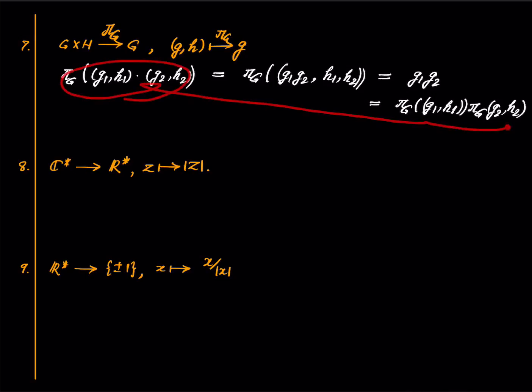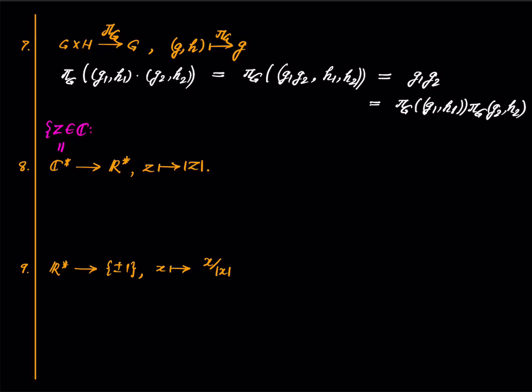If we look at this equation, we see. Okay. Next one is also very nice. C star is those complex numbers which are non-zero, and this is a group under the usual multiplication of complex numbers. R star is those real numbers which are non-zero, and this is also a group under the usual multiplication of real numbers.